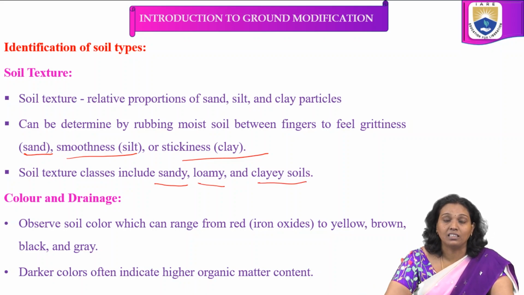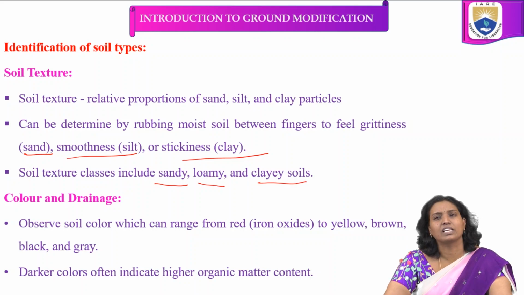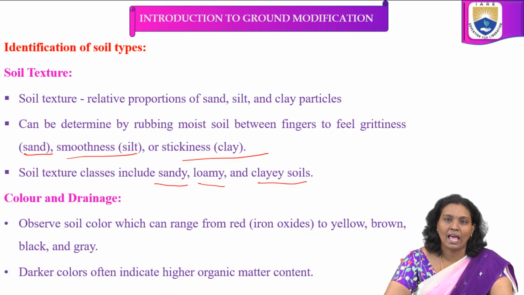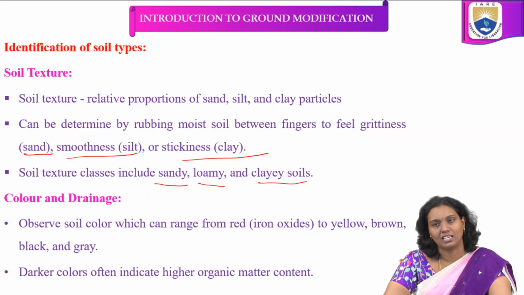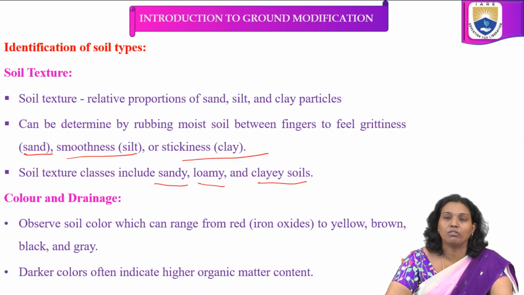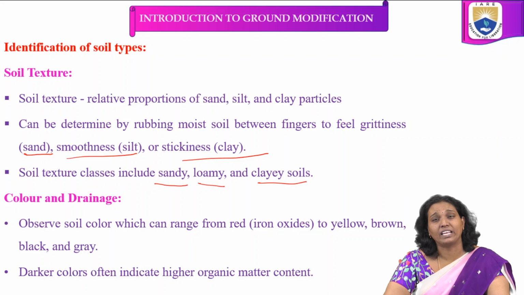Coming to the color, observe the soil color, which can range from red to yellow, brown, black and grey. We may observe various colors and combinations of colors, and that range gives some indication of the organic matter content.